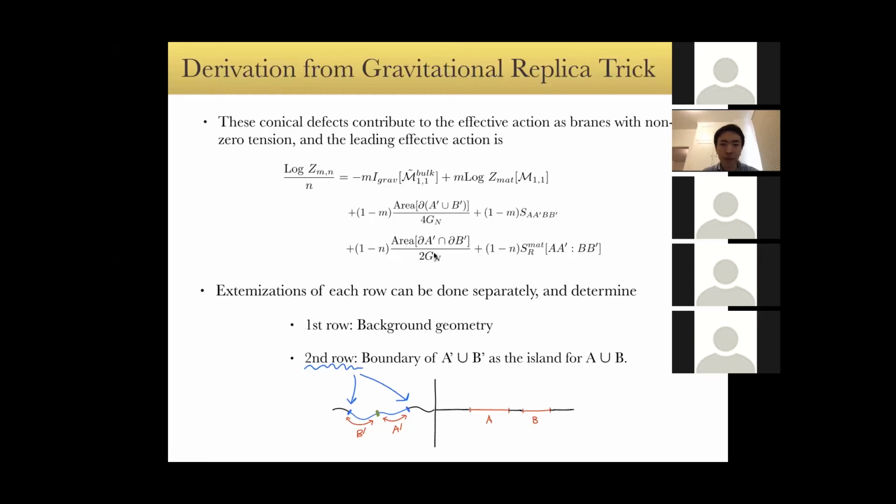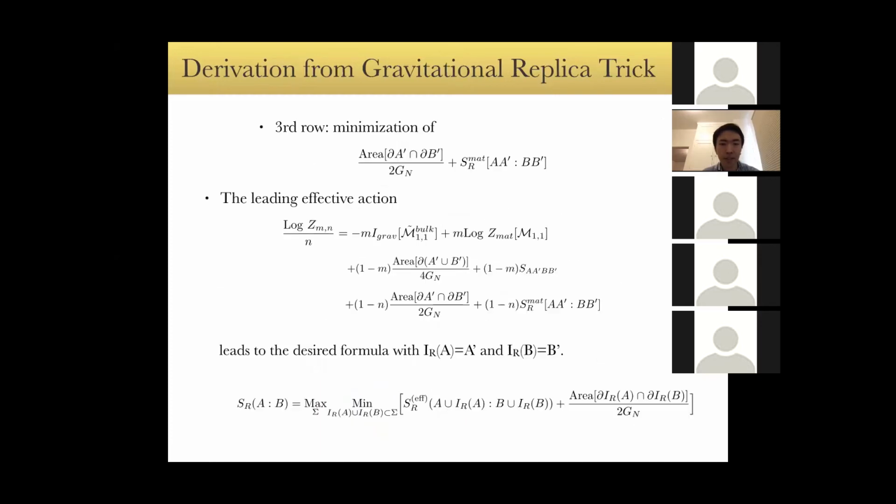And the third term is the minimization of this quantity, which is the area of the intersection of A prime and B prime, plus the reflected entropy of A prime and B prime.